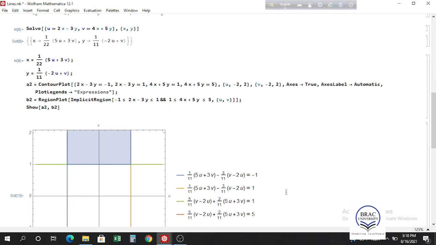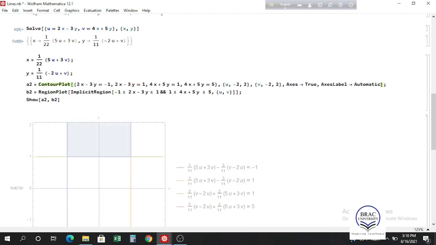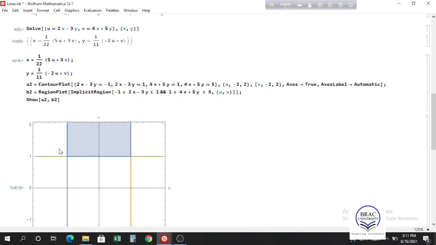Well, we need to fix the range of variables. We don't need the plot legends here because all are straight lines. So let's take u from 0 to 4. And v is greater than 1 in the region, so you can take v from 0 to 4.